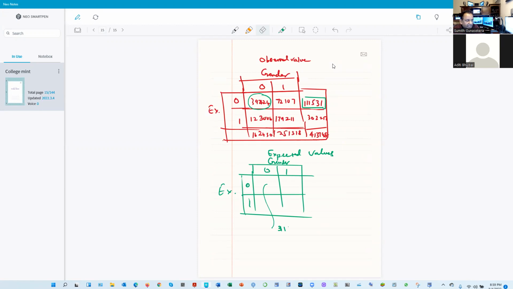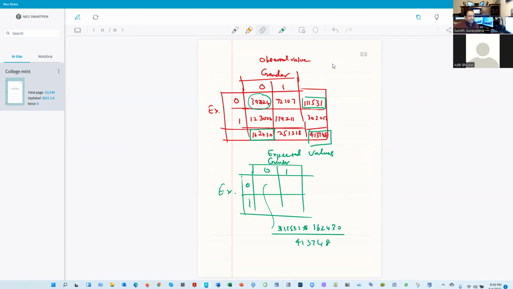111,531 times the corresponding row total times the column total, which is 162,430, divided by the grand total, 413,748.